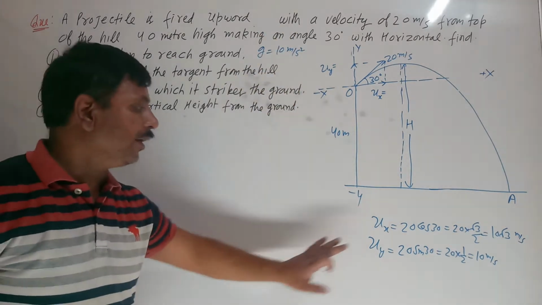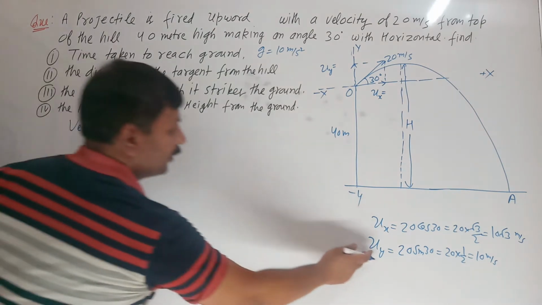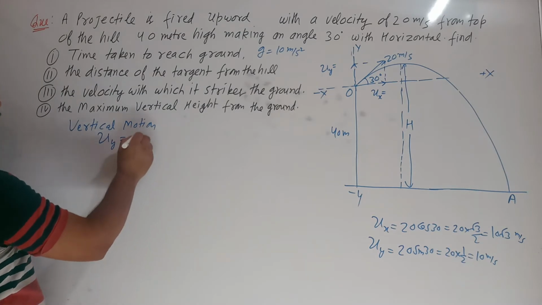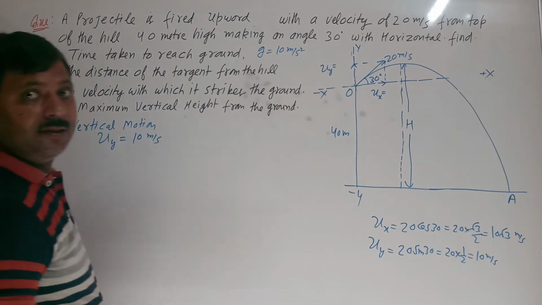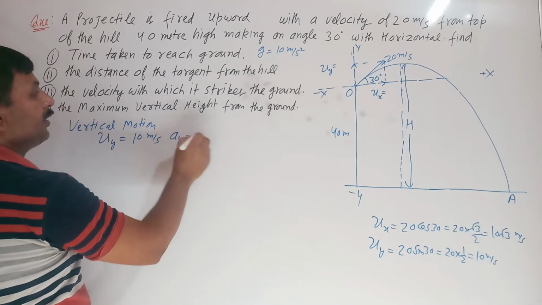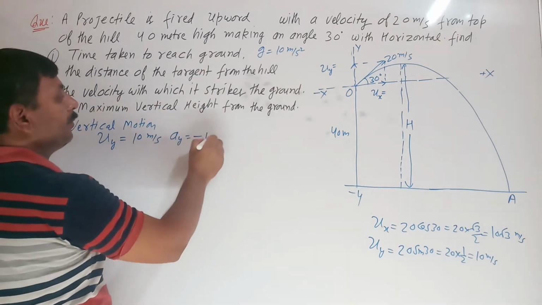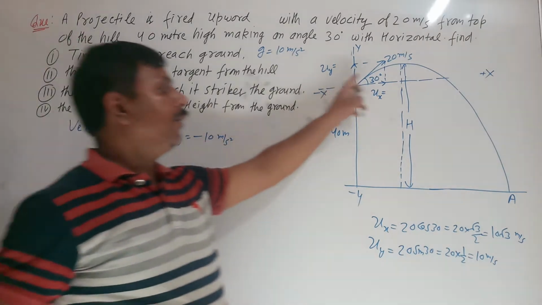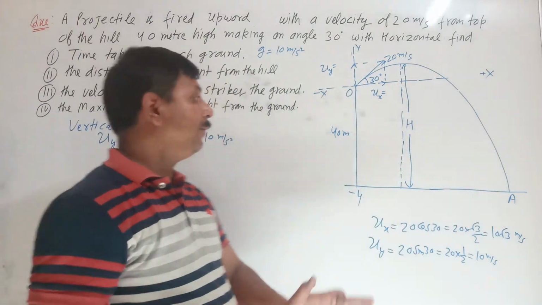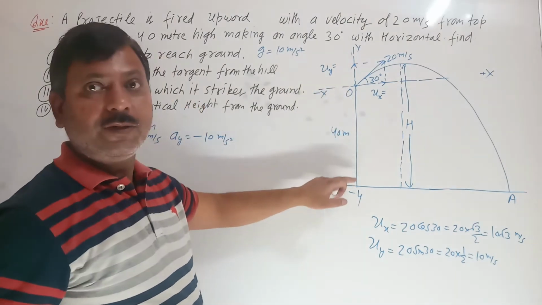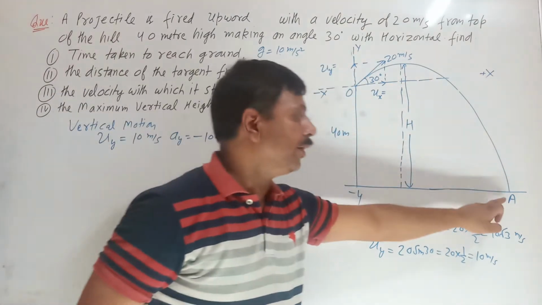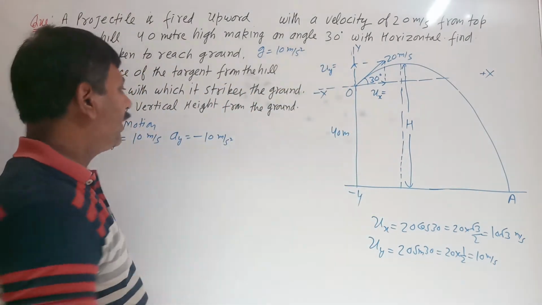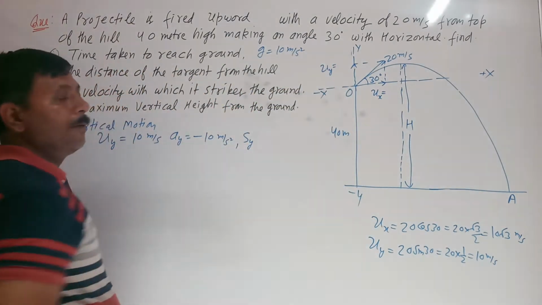See, for vertical motion, initial velocity uy is 10 meter per second, acceleration downward, that's why minus g, that is minus 10 meter per second square. Vertical displacement, when it will reach the ground, is downward. From here to here the vertical displacement will be 40 and downward, that's why I have to take it as negative.